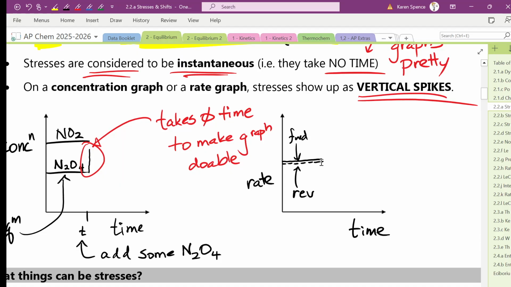All right. Now, again, at time t, we have our reaction, which in this case is N2O4 in equilibrium with 2NO2. And again, at time t, we add some N2O4.